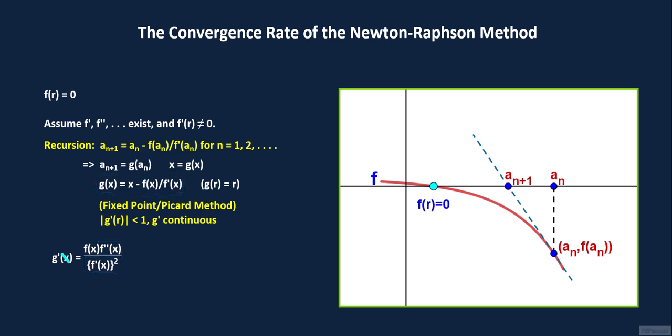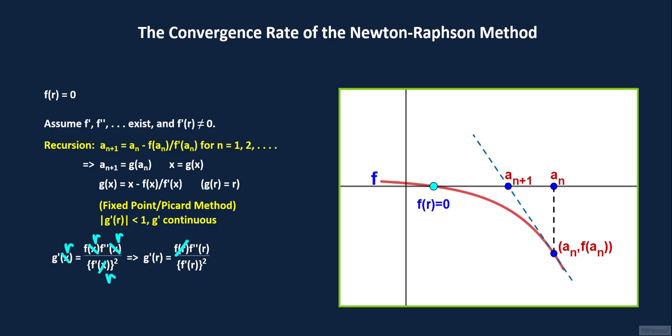We plug in r for x. And so g prime of r equals f of r times f double prime of r divided by the square of f prime of r. x equals r is supposed to be a root of the equation f of x equals 0.